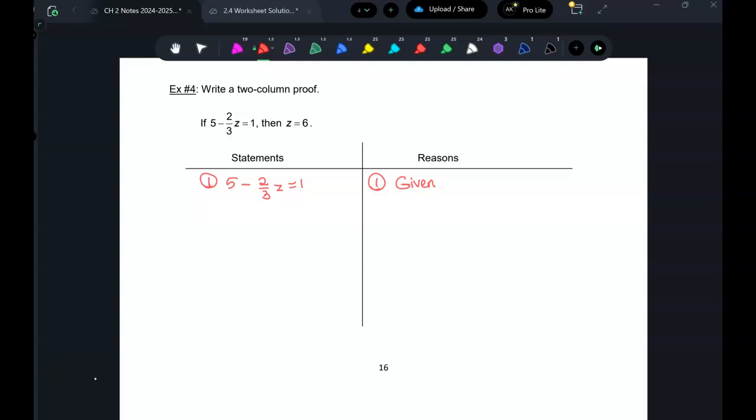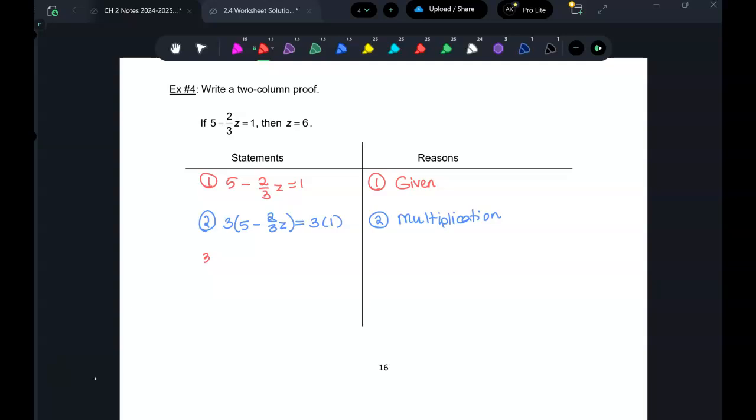So what I want you to understand is there's more than one way. Let's say you don't like fractions and you want to multiply by 3 to get rid of them. So I'm going to multiply both sides by 3. If you don't like fractions, then I would do this next step.